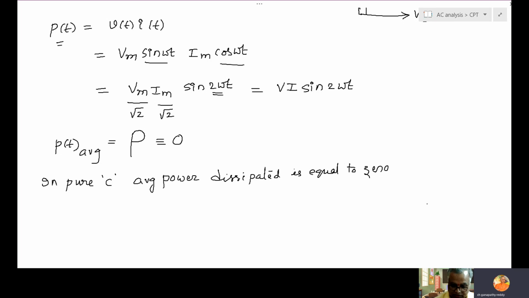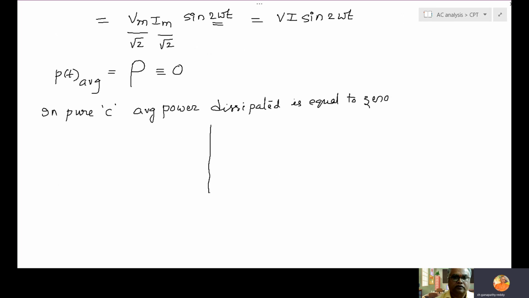And let me draw these graphs. How the graphs look like. This is the applied voltage waveform, what we are applying.